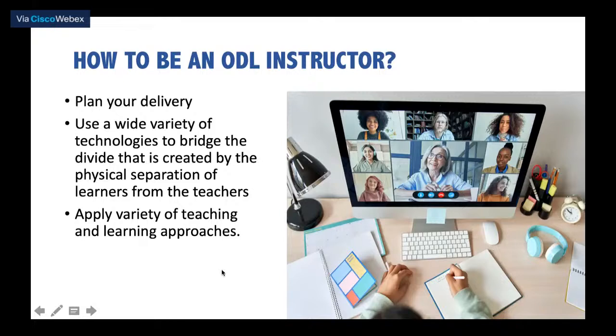Then you need to apply a variety of teaching and learning approaches. Don't use only one approach. This is the problem with us as lecturers. We know only one approach, sometimes two, but not more than that.